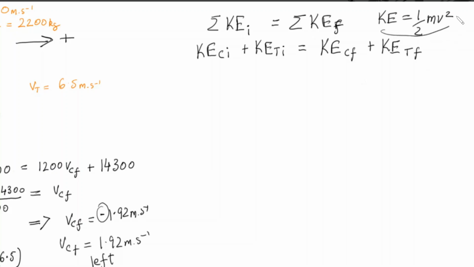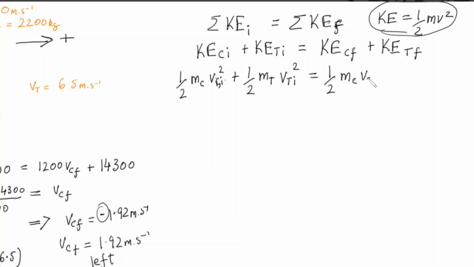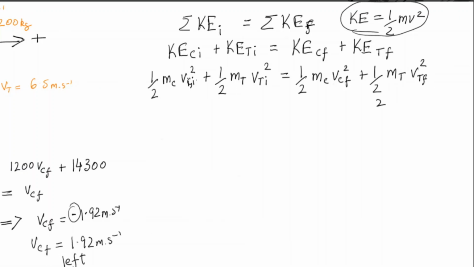Then we can substitute this formula in: half mass of the car times the velocity initially squared plus half mass of the truck times velocity of the truck initially squared is going to be equal to half mC vC final squared plus half mT vT final squared.